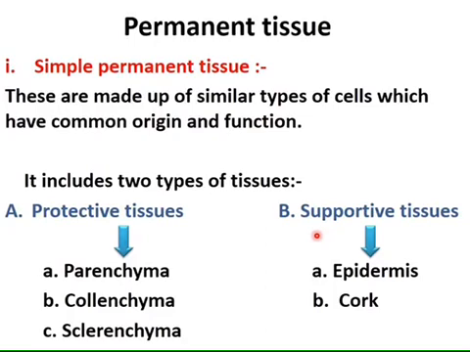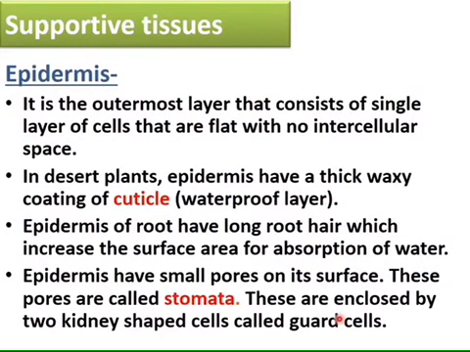In protective tissue, we have discussed parenchyma, collenchyma and sclerenchyma, and under the supportive tissue, epidermis and cork are there. So today we are going to study epidermis, which is a supportive tissue. Supportive tissue means which is supportive in nature, which gives support to the plant. So under this, the first type is epidermis.